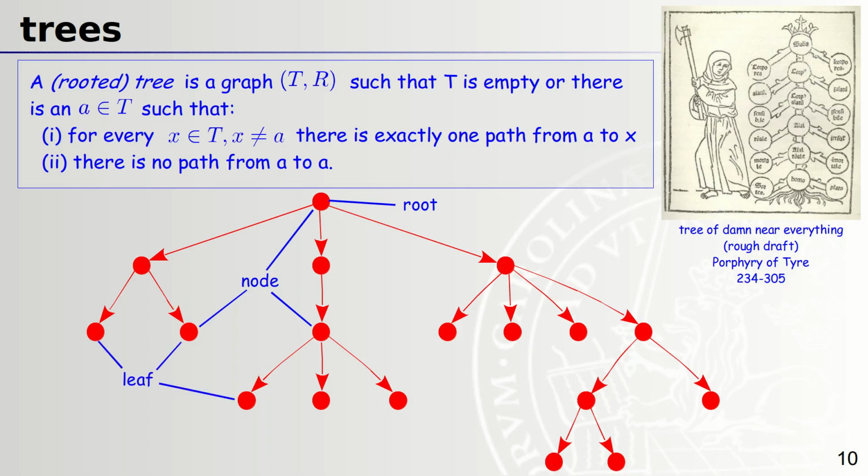However, they do also have leaves, which are nodes from which no links go to any other nodes. A link is the tree word for edges. And they go downward from the parent node to the child node.